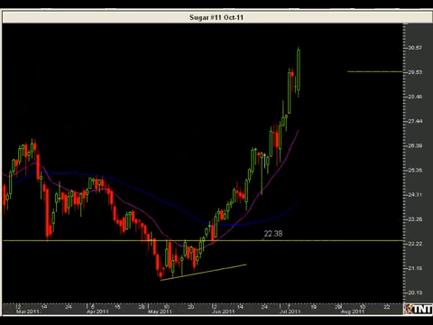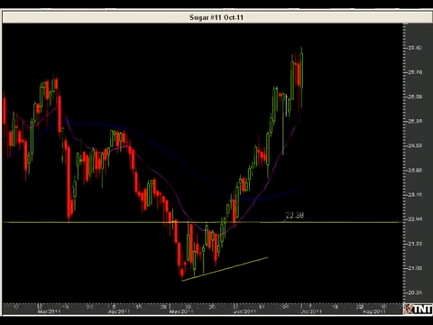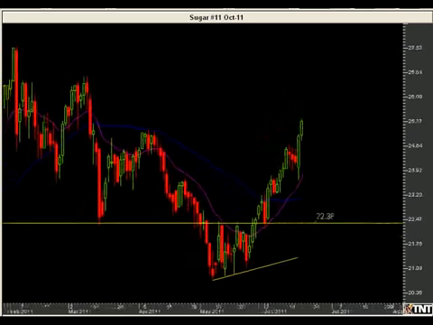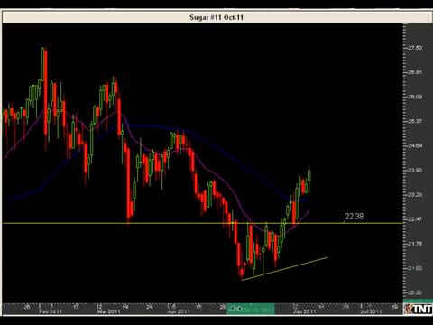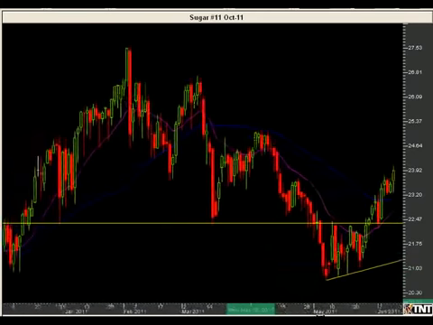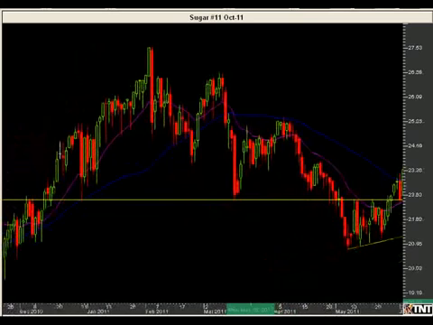Now, before we get too far into that, I do want to point out one other tool that you can use to help you identify when you might be seeing a pullback or a substantial reversal that you might want to be a little bit more cautious about. And that has to do with the market trend itself.